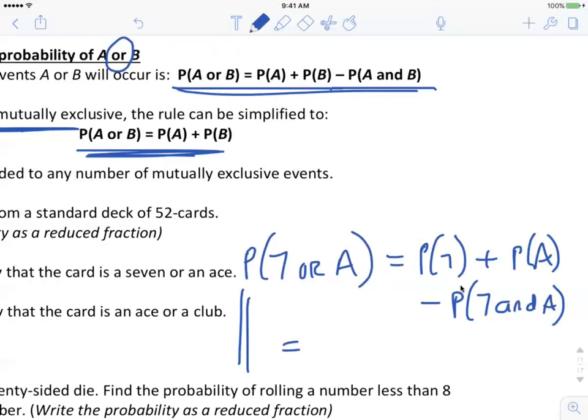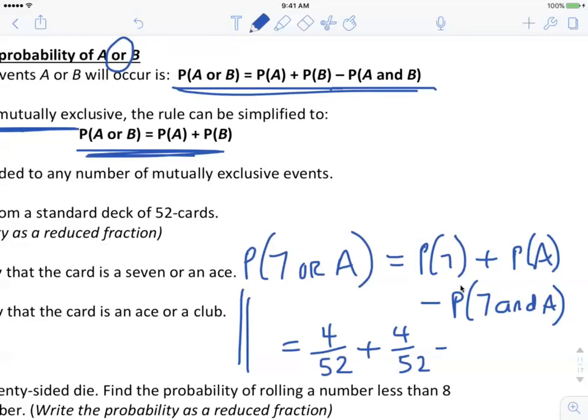Okay, so let's try that out. Probability of 7. Right, so let's start with that. There are 4 sevens out of 52 cards. Probability of selecting an ace. There's 4 aces out of 52 cards. Now, what's the probability of selecting both a 7 and an ace on one single card? It's impossible, right?